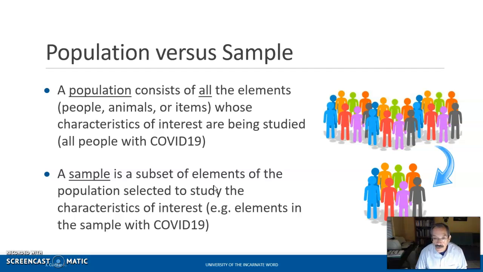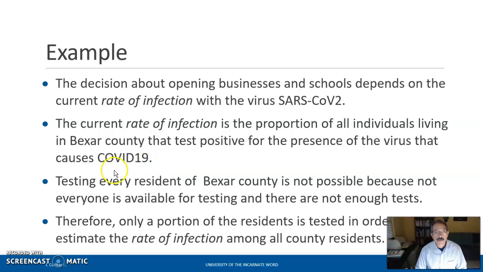So if we go back to our example, testing every resident in the county, we're talking about the population of people residing in the county. Because we cannot test everyone, we're going to use a sample of residents in the county, and we're going to test them for the presence of this SARS-CoV-2 virus.